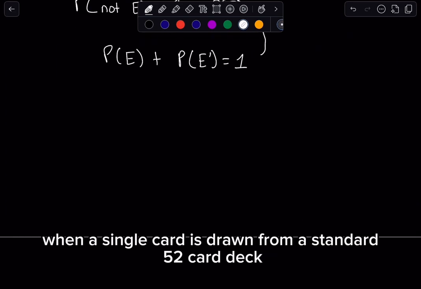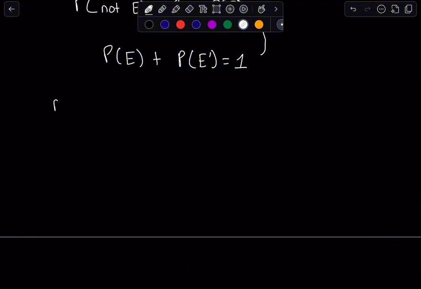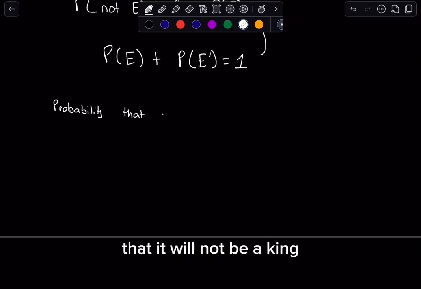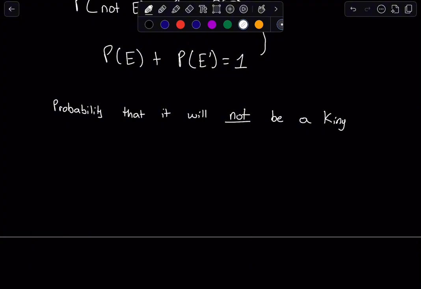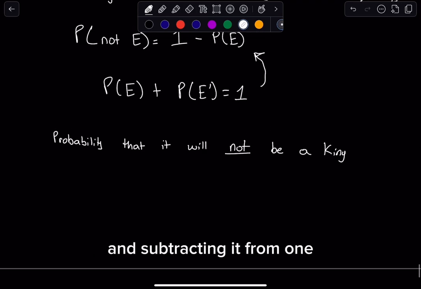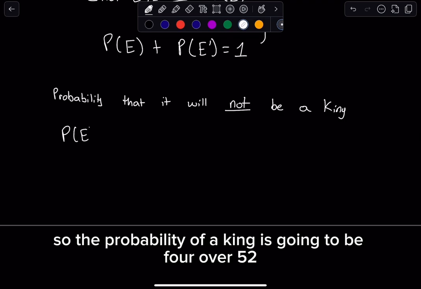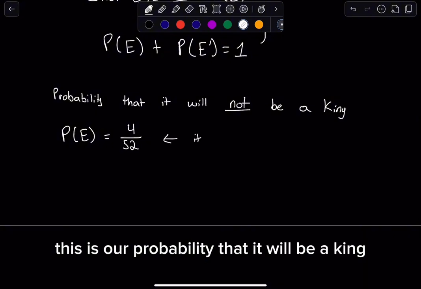When a single card is drawn from a standard 52 card deck, what is the probability that it will not be a king? Well, we can do this by finding the probability that it will be a king and subtracting it from 1. So the probability of a king is going to be 4 over 52.